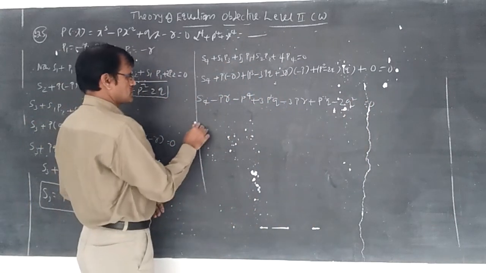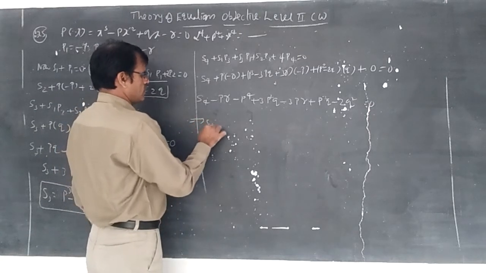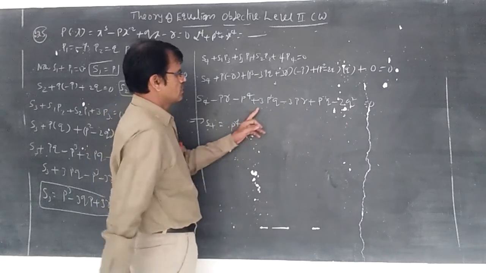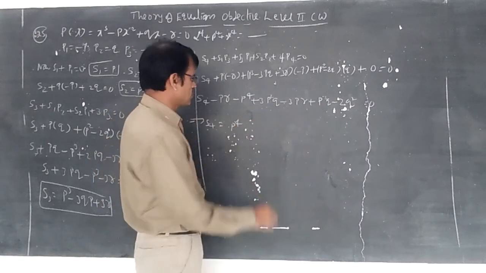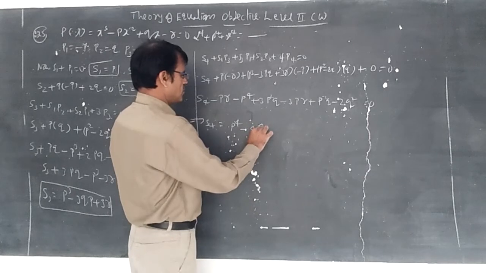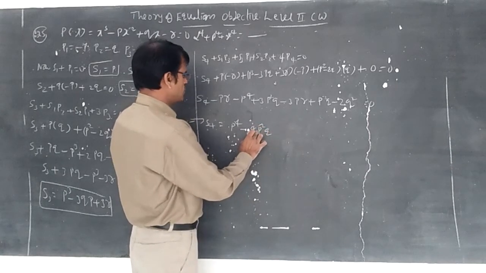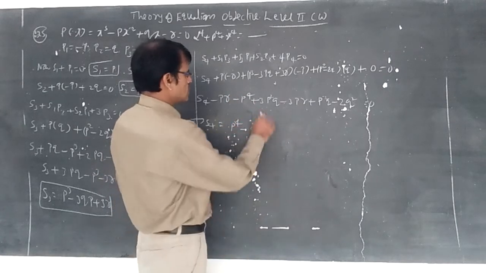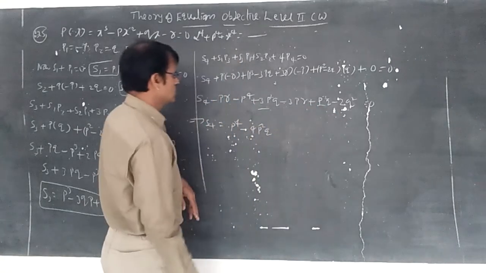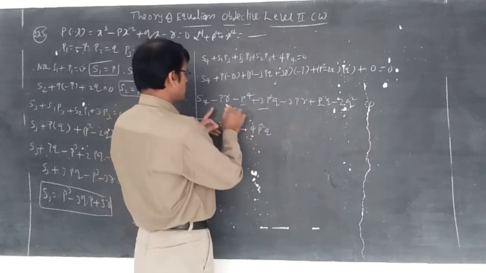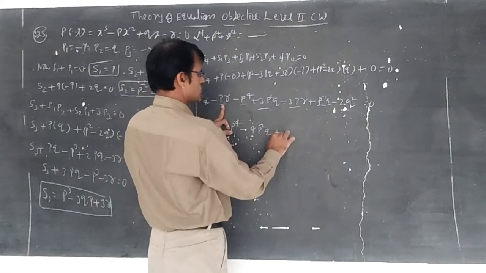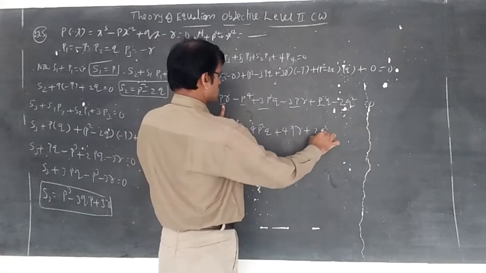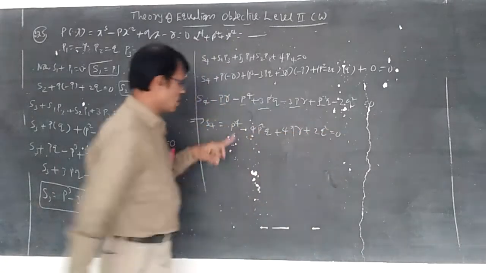Now taking the terms to that side, S4 is equal to P power 4 minus 4P square Q plus 4PR plus 2Q square.